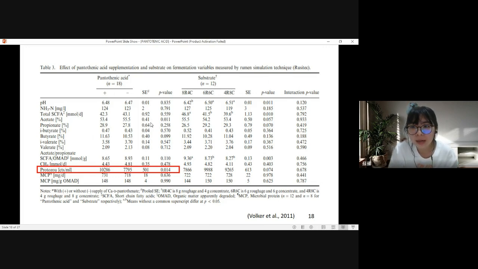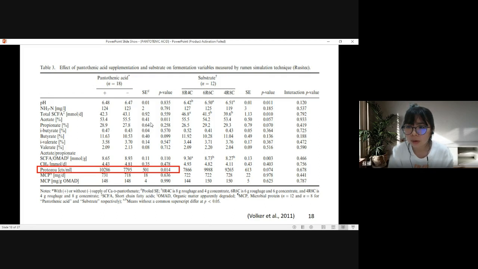But I remember in other results, not only the protozoa, another table or figure shows that the bacteria number will also increase.